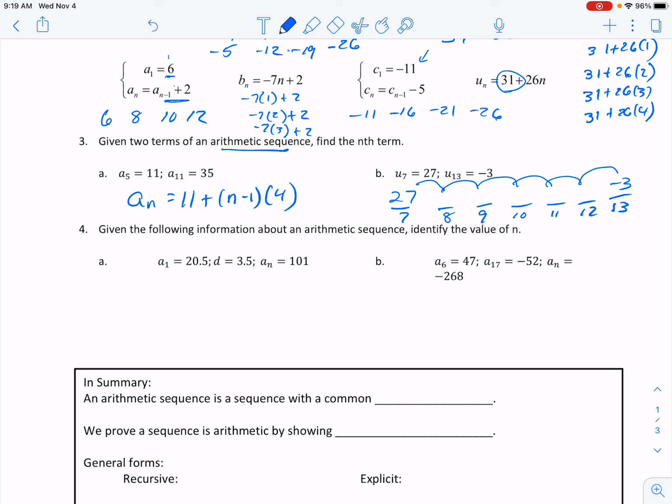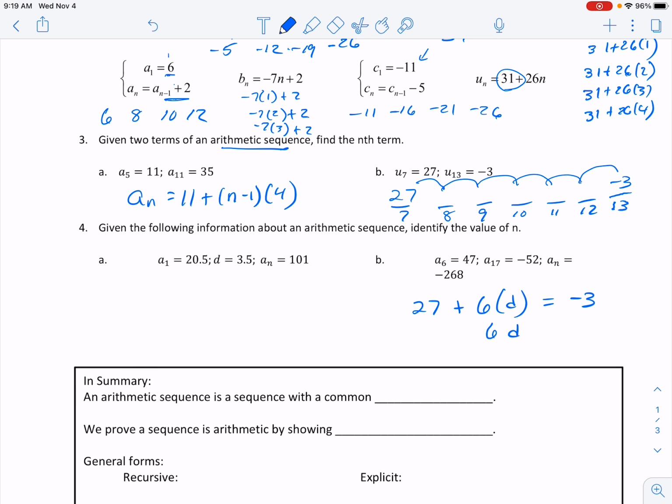So 6 times D plus 27, my first term, equals negative 3. So I subtract 27, you get 6D equals negative 30. So D is equal to negative 5. So my nth term is 27 plus n minus 1 times negative 5. Okay?